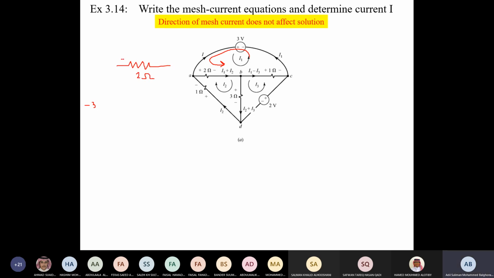Okay. Of course, we said we want the voltage drop like this. Okay, voltage drop. What will happen? You're flowing with the current I1, which is this one. I want a different color.